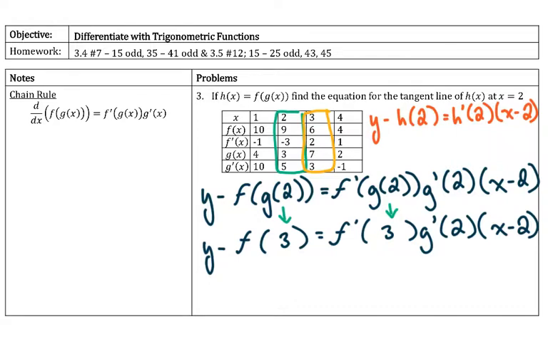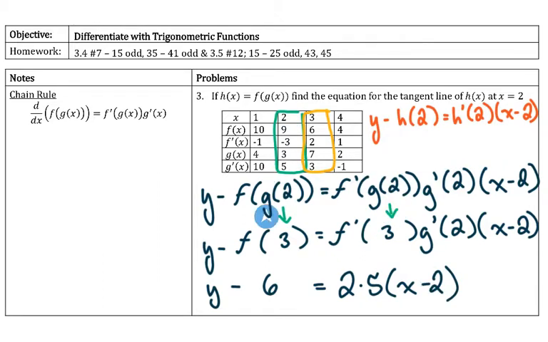So when we actually plug in our values, we get y minus 6 is equal to 2 times g prime of 2, which here is 5, times x minus 2. So we're having to use both columns here as we plug in g of 2 to both of these functions.